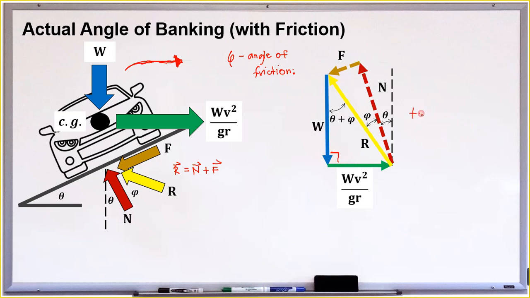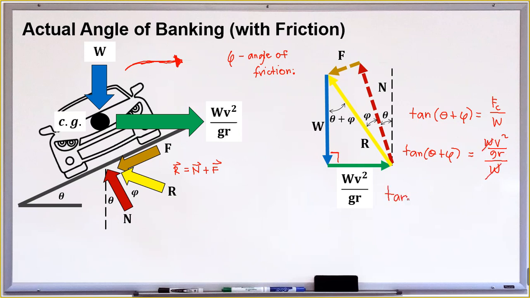The tangent of the angle of banking plus the angle of friction is equal to the centrifugal force divided by the weight. Therefore, tangent of theta plus phi is equal to W V squared over g R, all over W, so W cancels.